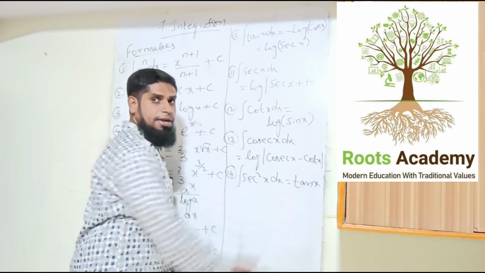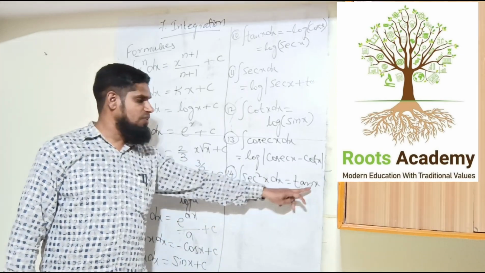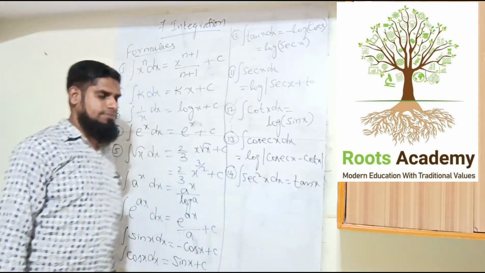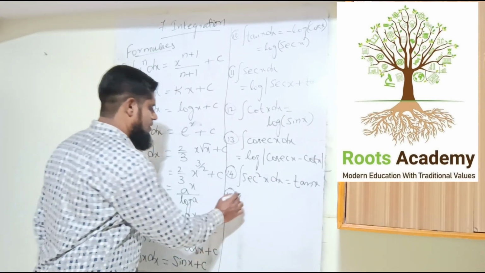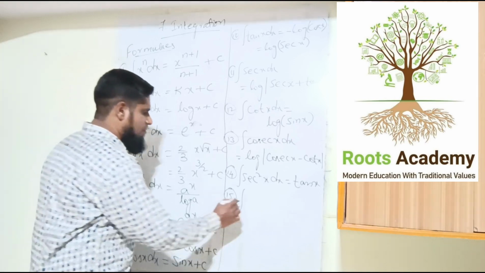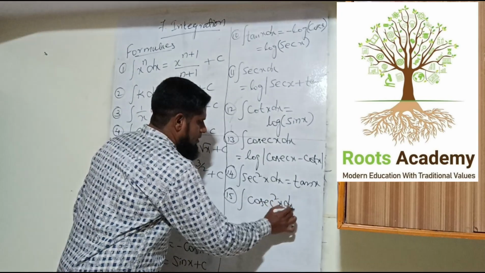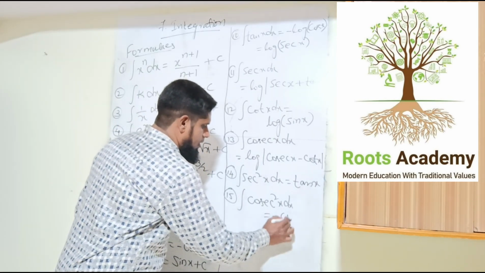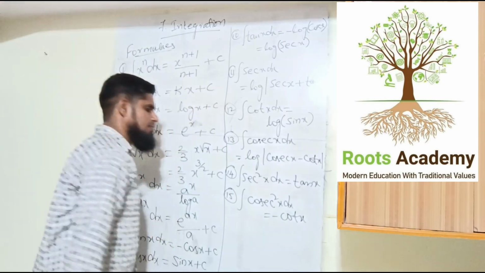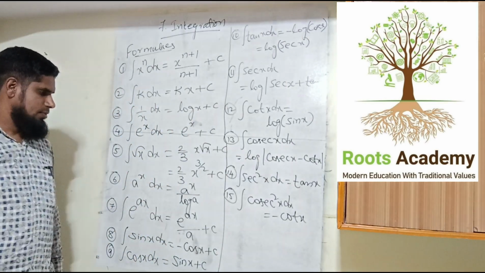In problems, at the end, after integration, in each and every indefinite integral problem, we should write plus c. The next, integration of cosecant square x dx is equal to minus cot x.